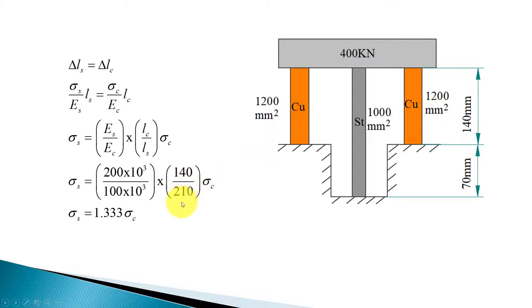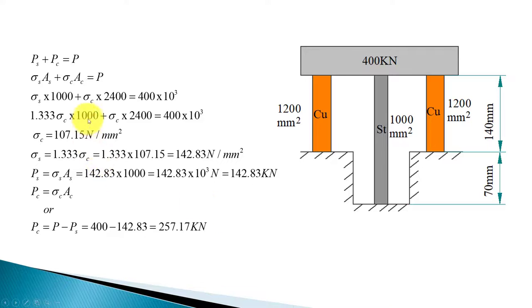So 140 by 210 into sigma C. After reduction, you will get sigma S as 1.333 sigma C. So we get the relationship between stress induced in steel and copper: the stress induced in steel is always greater than the stress in copper, and it is 1.333 times the stress induced in copper.